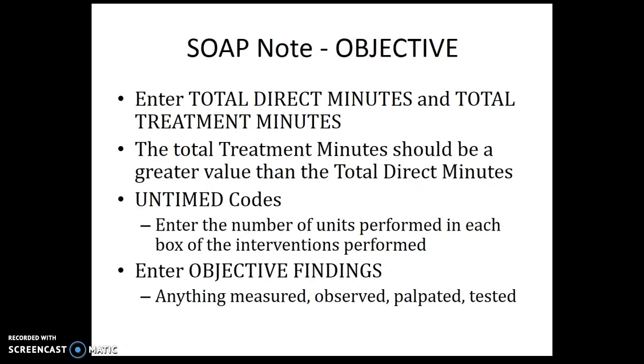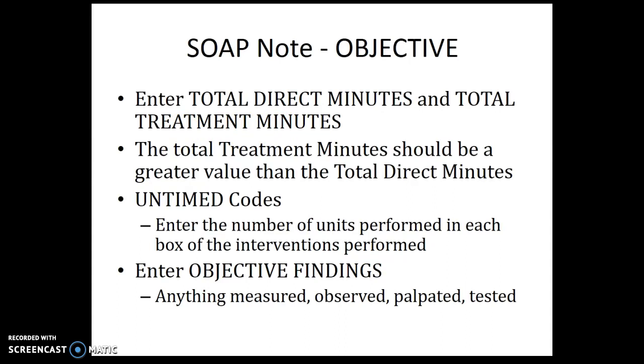In our objective tab, this is where we're going to document the number of treatment minutes or time that we've spent with our patient, as well as the objective findings. You will be required to enter total direct minutes as well as total treatment minutes. Now, your direct patient minutes should be either the same as the total treatment minutes or less.